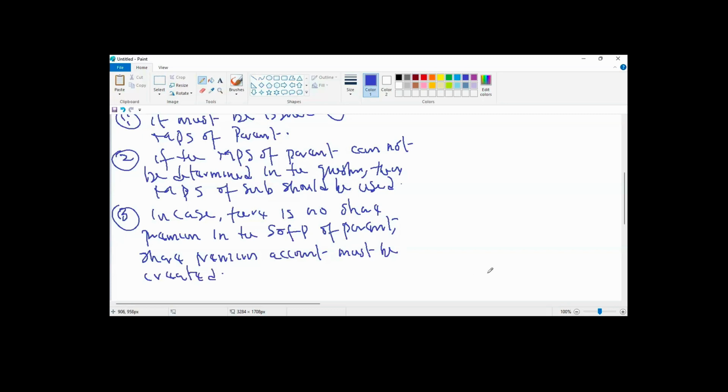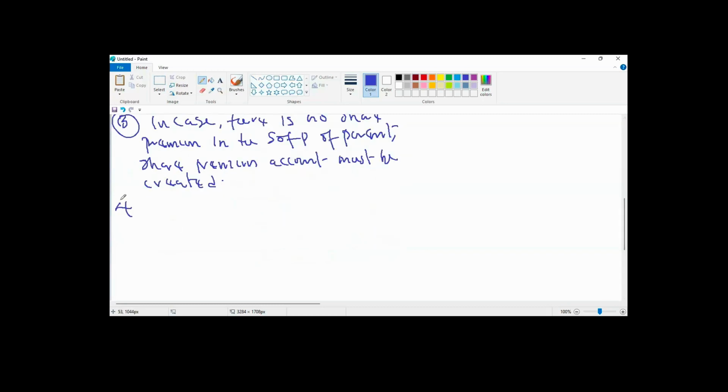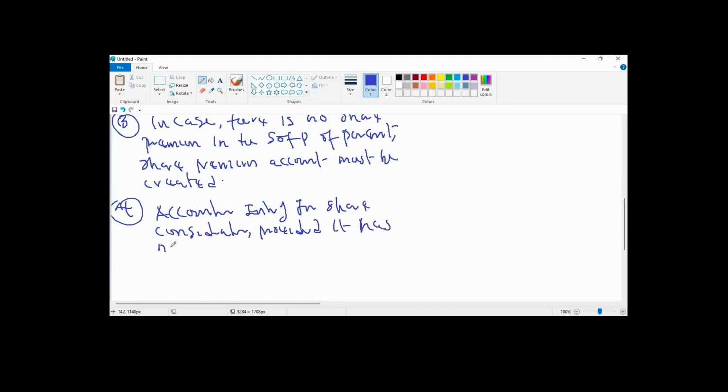Fourth one, accounting entry for share consideration, provided it has not been recorded.